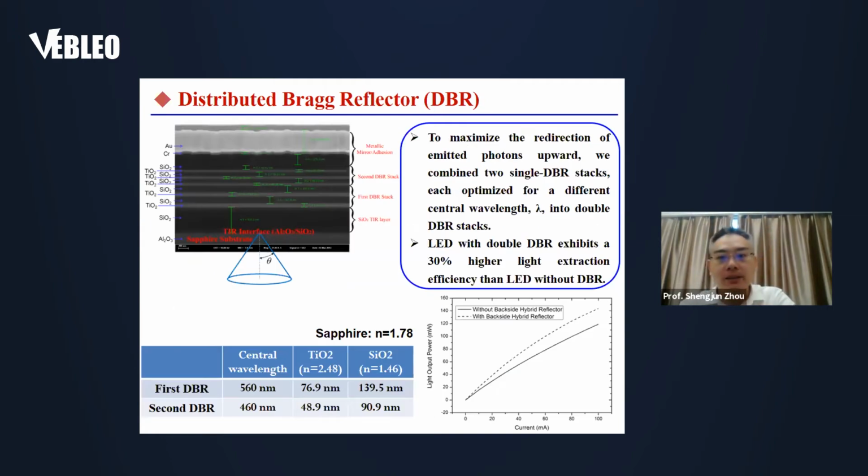To maximize the redirection of emitted photon upward, we combined two single DBR stacks, each optimized for a different central wavelength, into double DBR stacks. LED with double DBR exhibits a 30% higher light extraction efficiency than LED without DBR.